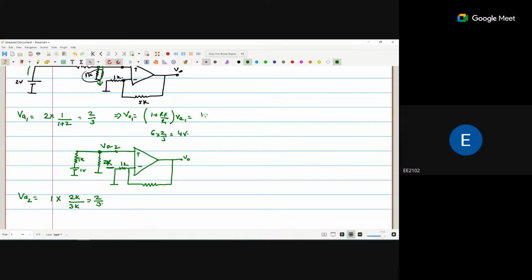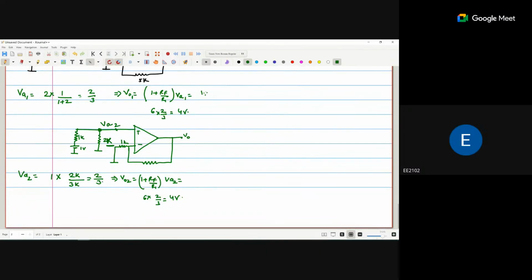If VA2 is 2 by 3, so that means what is V naught 2? Again 1 plus RF by R1 times VA2. That is 6 times 2 by 3, again 4 volts.